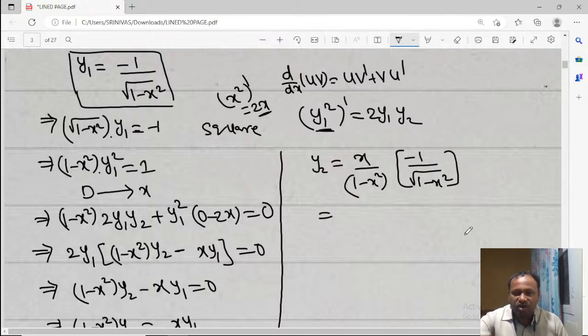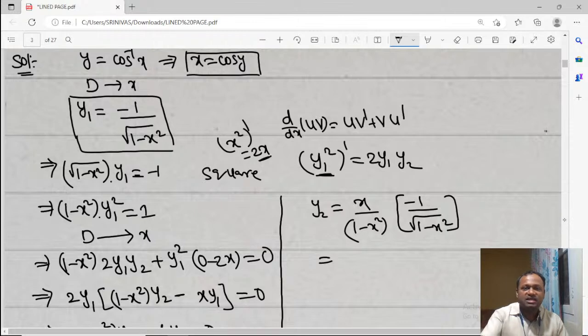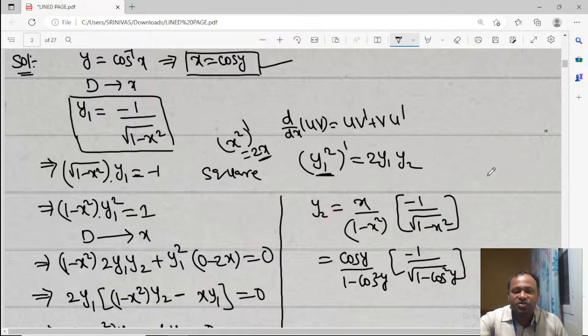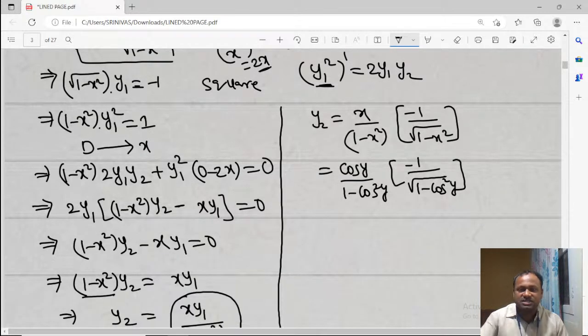Now you have one more condition. What is that? x is equal to cos y. So cos y divided by 1 minus cos square y into minus 1 by under root of 1 minus cos square y. Now it is converted into total y terms.